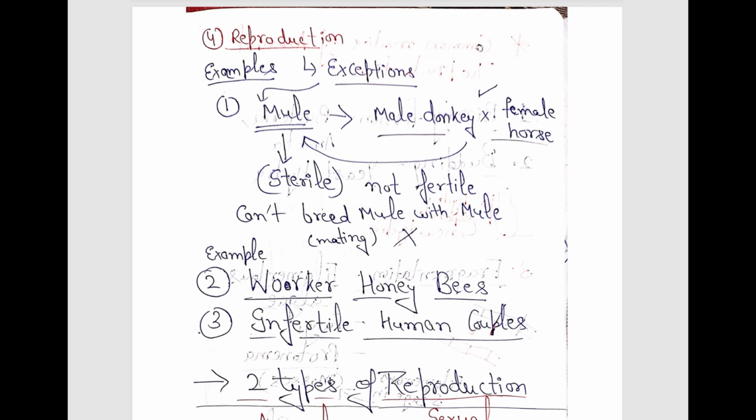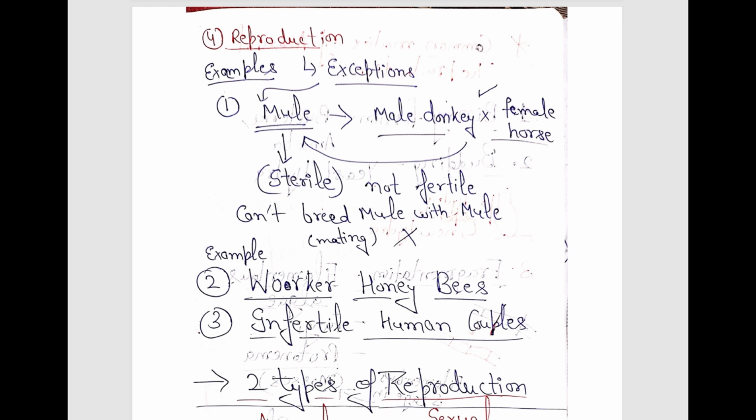A mule is the offspring of a male donkey and a female horse. Mules are typically sterile due to the differing number of chromosomes from each parent species. Horses have 64 chromosomes, while donkeys have 62, resulting in mules having 63 chromosomes. This odd number of chromosomes generally makes it difficult for them to produce viable gametes.